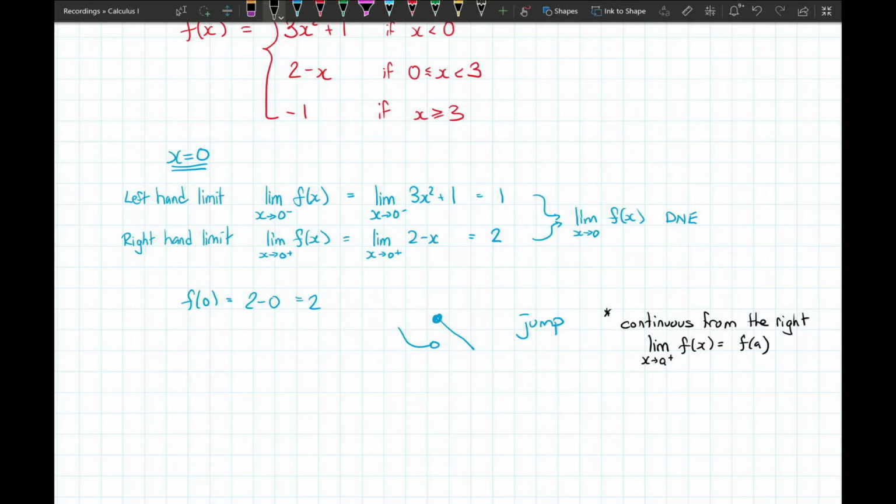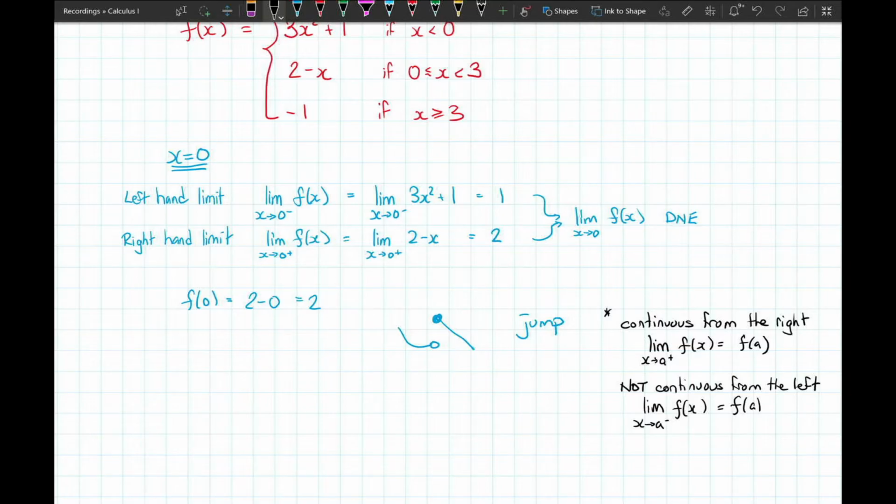We just changed the definition slightly so that we're only looking at a one-sided limit. But it's definitely not continuous from the left, because as we approach from the left, we're approaching an open circle, and that means that it's not approaching f of a at all. Now, the definition for being continuous from the left is essentially the same, but it's a one-sided limit from the left-hand side as x approaches a with a little minus sign.